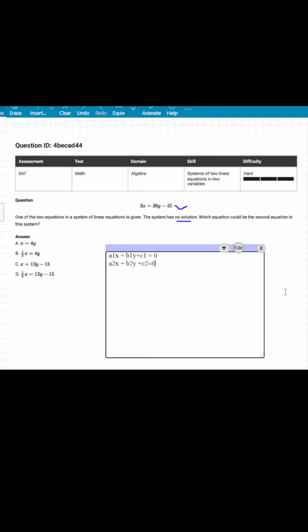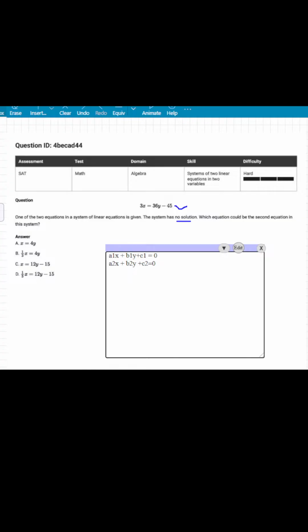So now the condition that is being given is that the system has no solution. If the system has no solution, that means that these are two parallel lines in a plane and they never meet. Instead, if the system had infinitely many solutions, then these two would be the same line overlapping on each other.